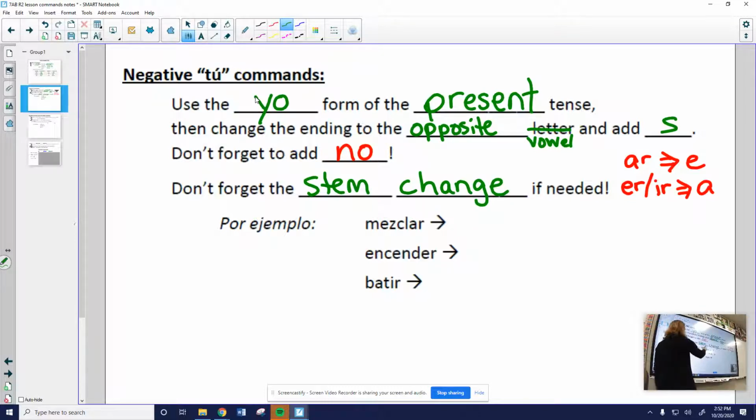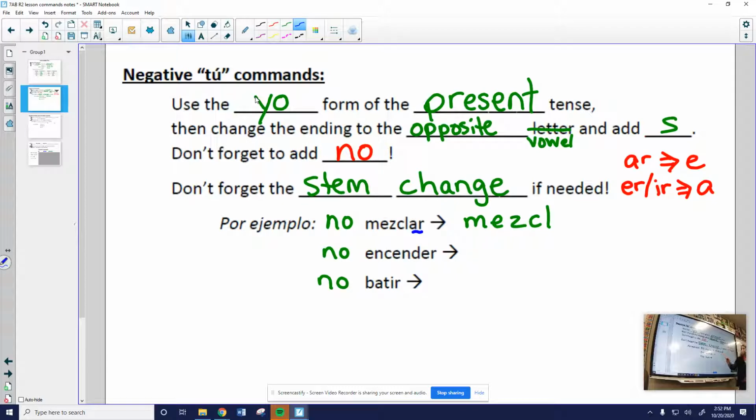Here are examples. I want to say don't mix, don't turn on, don't beat. So we'll use the yo form. Mezclo is the yo form in the present tense, but then I have to take off the O and replace it with the opposite vowel.